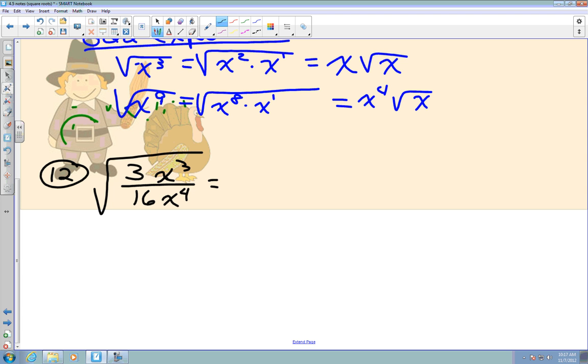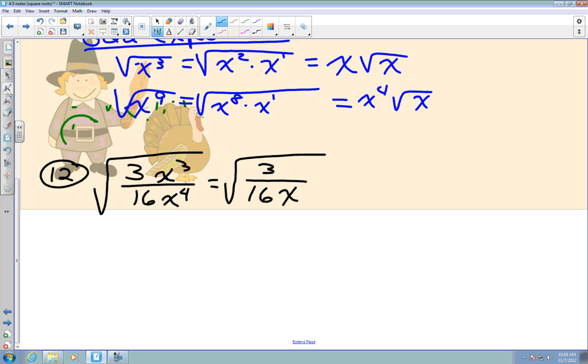If you remember, when you divide like bases, you subtract their exponents. So 4 minus 3 is 1, so I have 3 over 16x. Anybody not follow that part? That should be review.